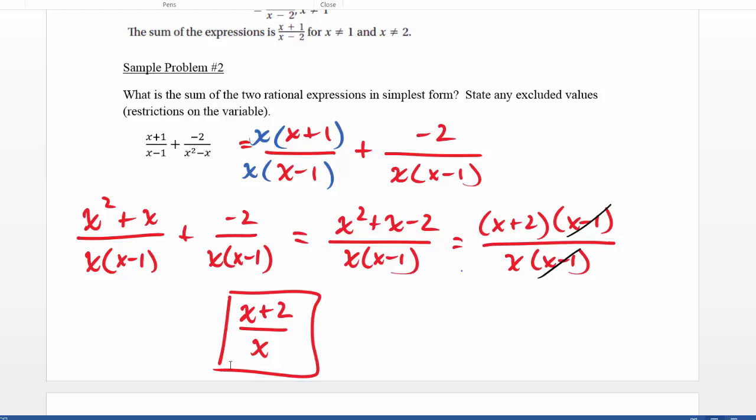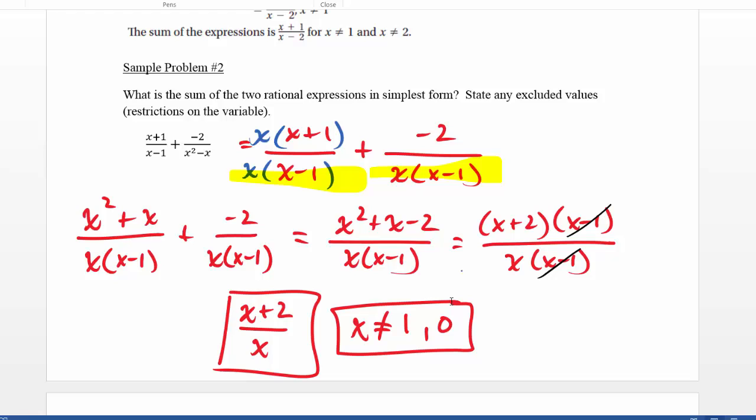Now, let's keep in mind here that I have to go back to the original parts to get my restricted domain, and so we'd see that x cannot equal 1 or 0. Okay, so that's a simplified version of adding two rational expressions. If you felt good about that, go ahead and try sample problem number 3.